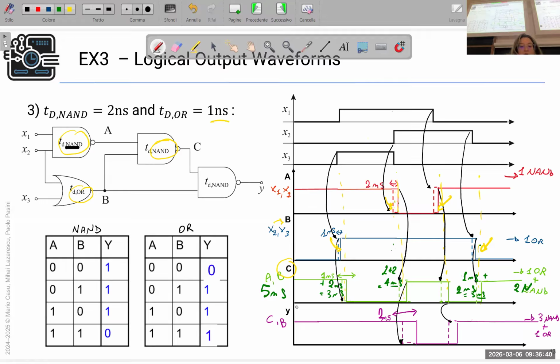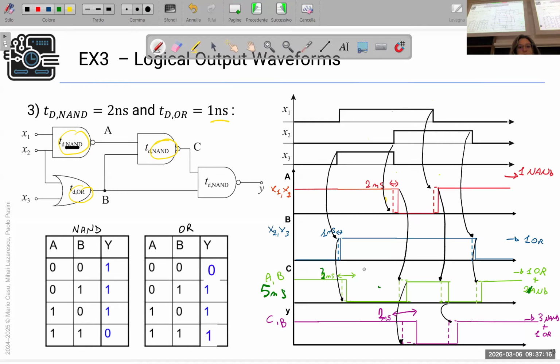At the end, we have the final output, which follows the same rules. And so here, let's clear a little bit and do it again. 3 plus the gap of the. Exactly.